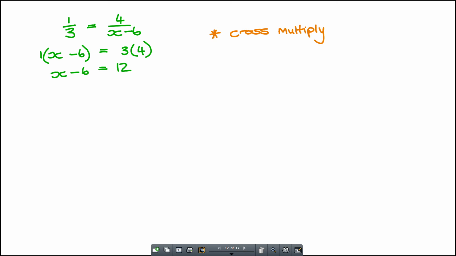Is julle reg daar? Any questions so far? Want nou kan ek vir x gaan uitwerk. Nee, I take that minus 6 over, becomes plus 6, which means that x will be 18. Is julle reg? Okay. So hulle is nogals lief daarvoor om hierdie ene te vra. Nee, they leave either a x or a y out.